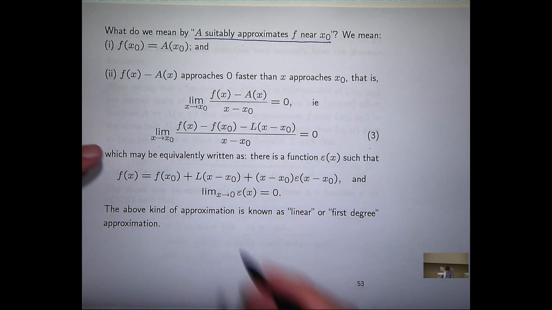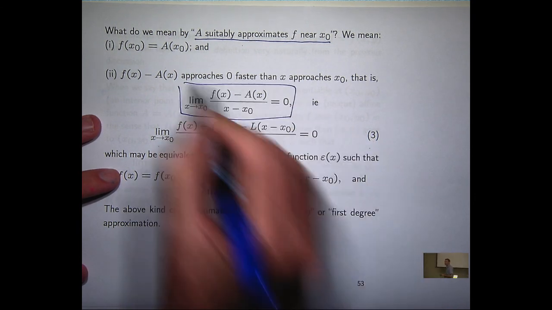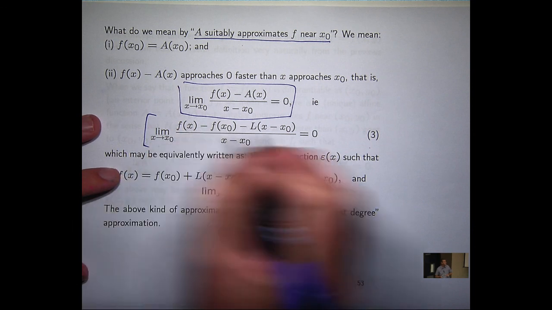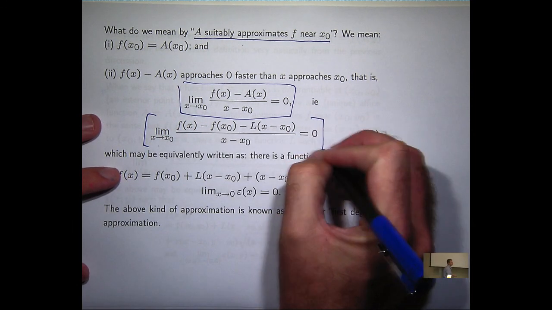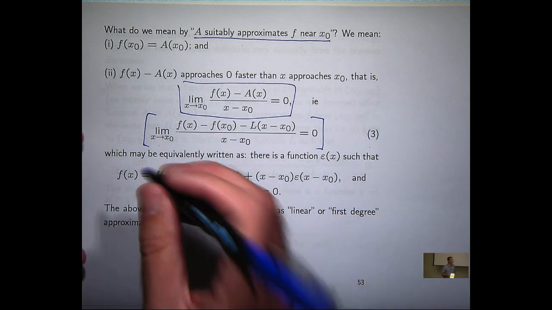Well, this, or actually more suitable for our setup is this. But when we come down to proving things using the idea of differentiability, actually, this is the best.